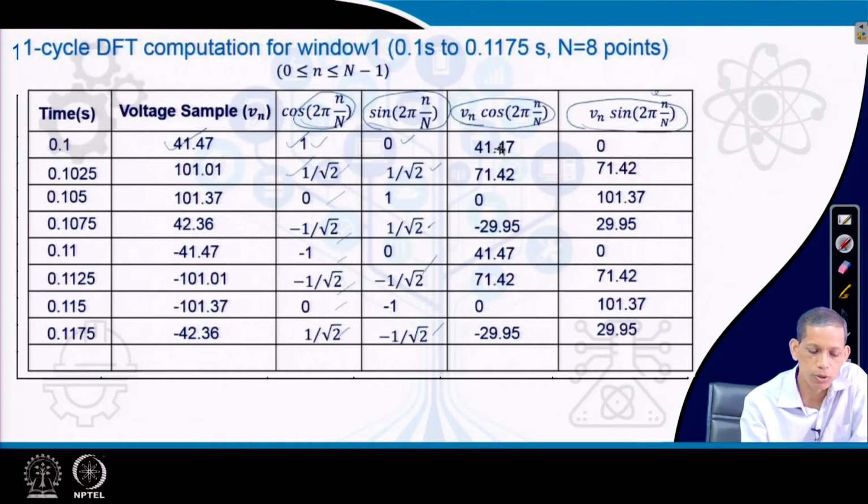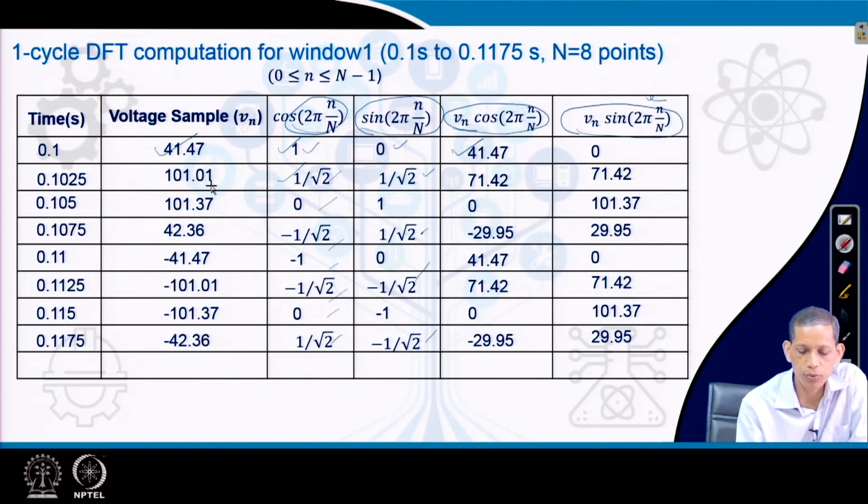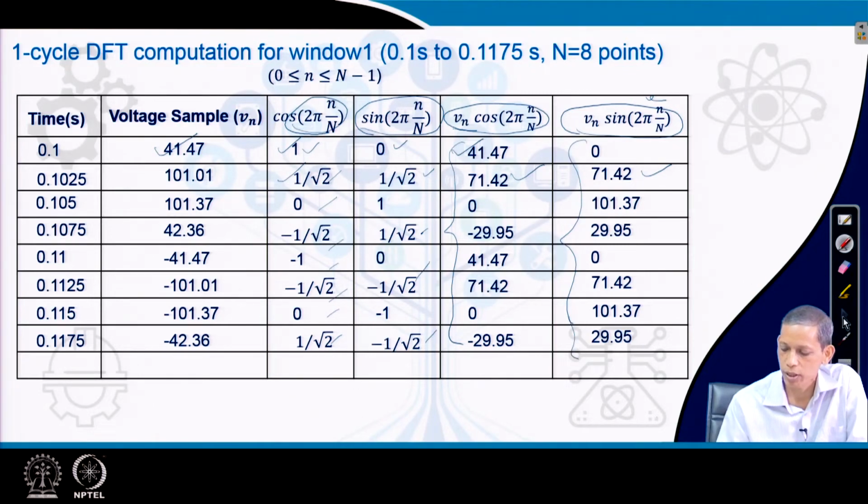For example, 41.47 into 1 gives 41.47, and 41.47 into 0 gives 0. Similarly, 101.04 into 1 by root 2 gives 71.42, and so on. The corresponding sample values and the cos and sine weights are multiplied, and we get a set of values for the cos part and a set for the sine part, which are used in the next step.